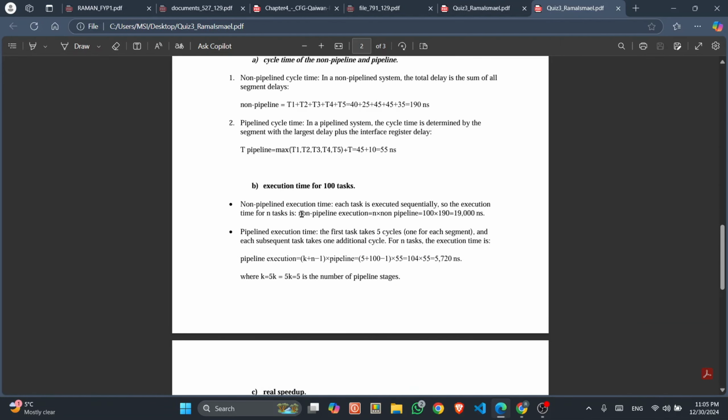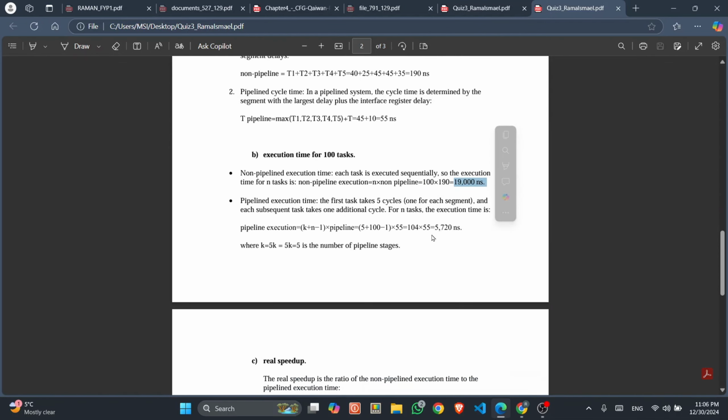In the non-pipeline system, if we want to find the execution time, we have to multiply the number of tasks by the non-pipeline cycle time. We have already found it, which is 119, and the tasks are 100, so it will be 11,900 nanoseconds.